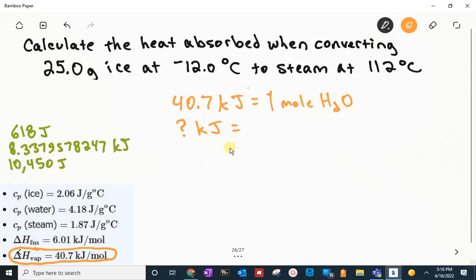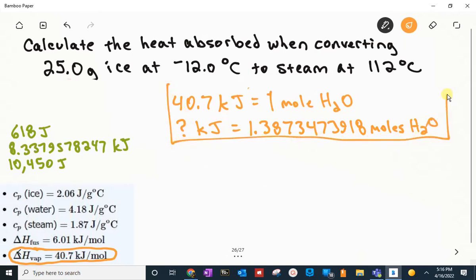And remember, the moles that we calculated is 1.38734739118 moles of H2O. So we have our data table now, and we start with the known quantity.